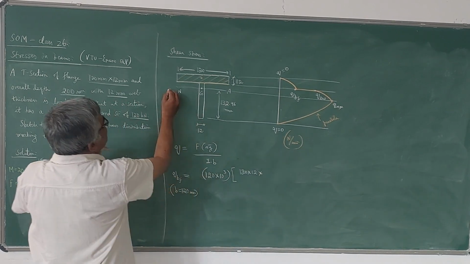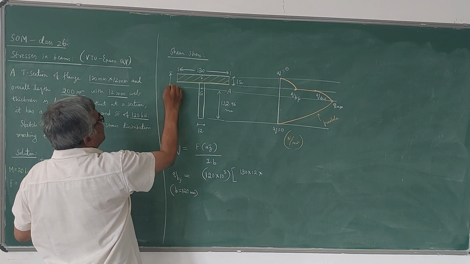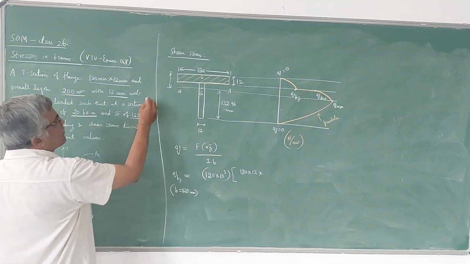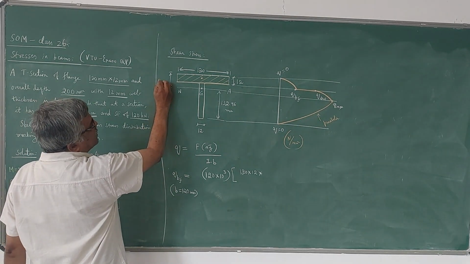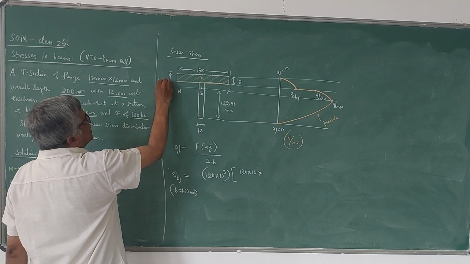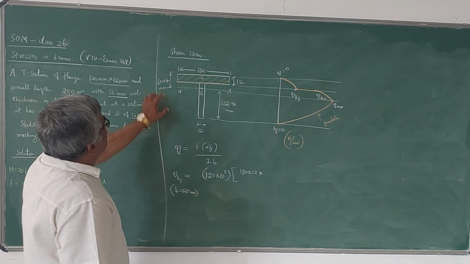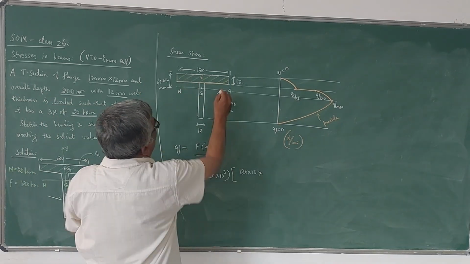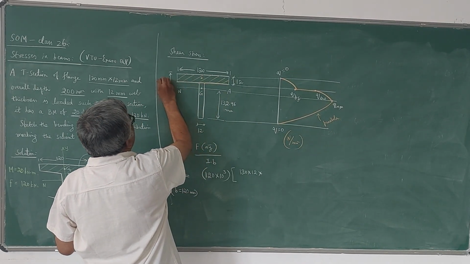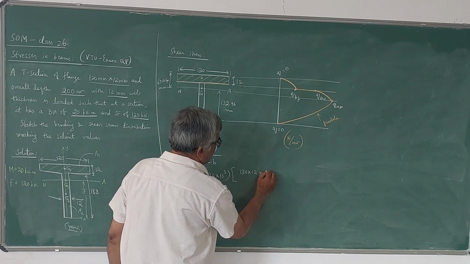So this distance is 200 minus this. 200 minus that means it is 67.04. So from this I have to deduct half of 12 because I need this distance, that is 6 I have to deduct. So it will be 61.04.